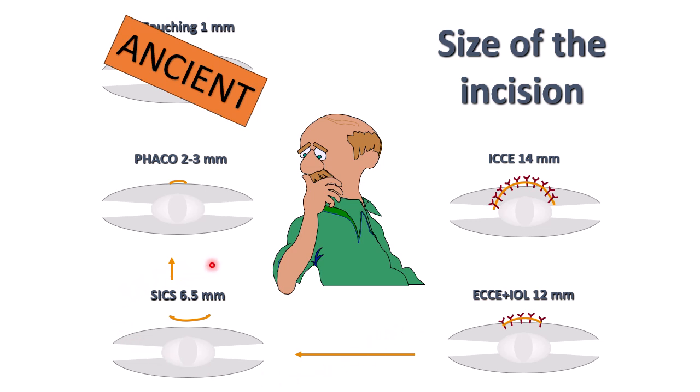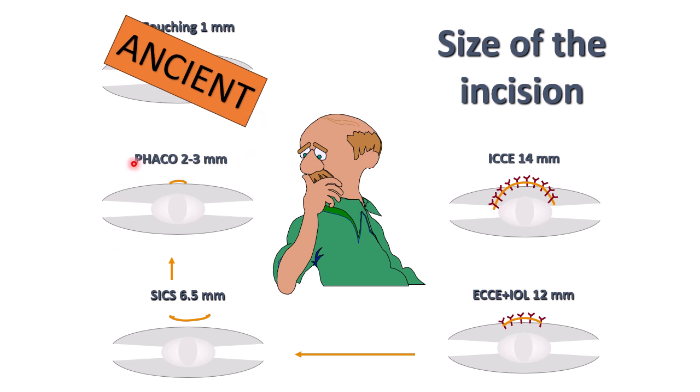Then came the SICS, or small incision cataract surgery, in which construction of a sclerocorneal tunnel was introduced. This was self-sealing in nature and smaller, that is 6.5 mm. This really revolutionized the era of cataract surgery.